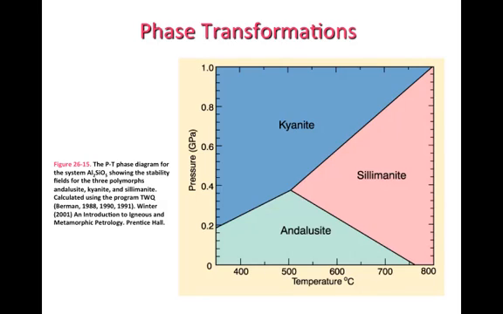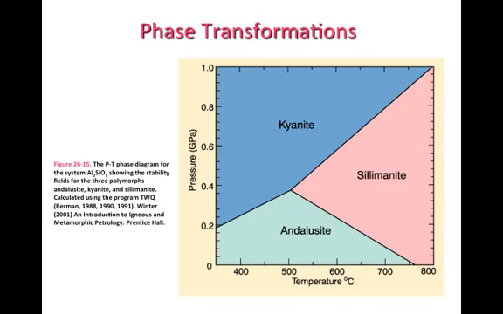And the triple point between those polymorphs is at very specific conditions, at just below 4 kilobars or 0.4 GPa and about 500 degrees Celsius. It would be a very rare occurrence to actually have those conditions and have kyanite, andalusite, and sillimanite crystallizing together in equilibrium.